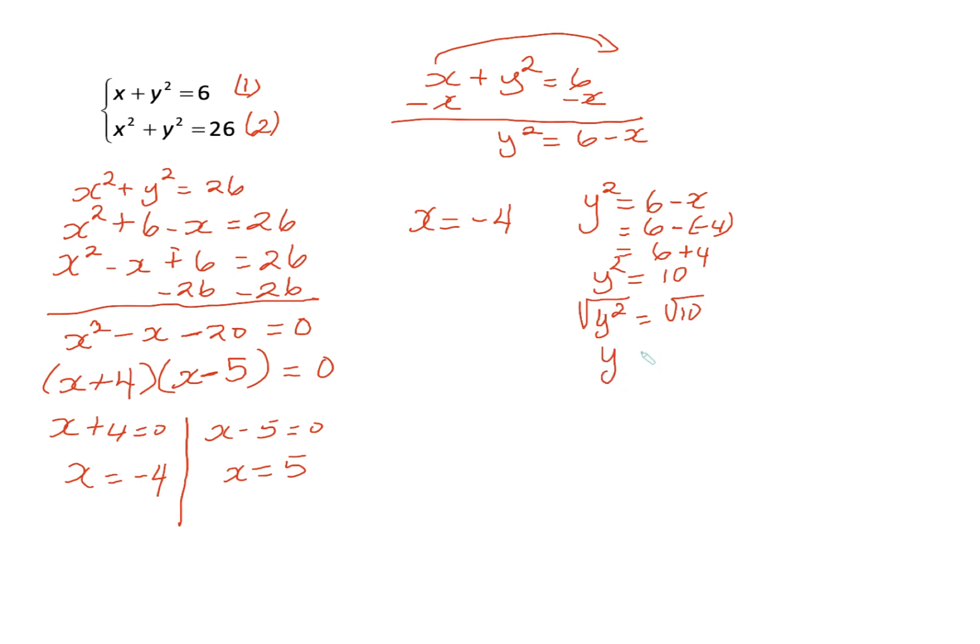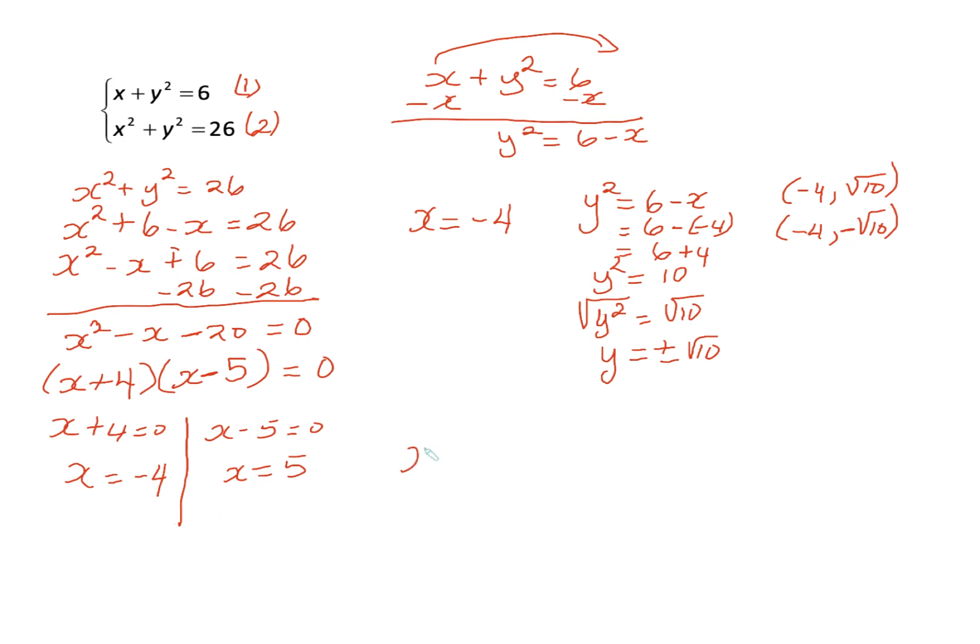Now this will give me y. And remember, from completing the square and using the quadratic formula, this would be plus or minus the square root of 10. So for our value for x, you're going to have two values. So when x is -4, you're going to have a value of either positive radical 10, or negative radical 10.